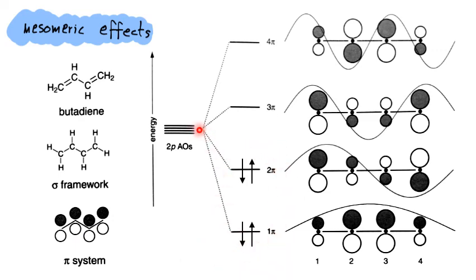The message from this is that only the bonding orbitals are filled, not the anti-bonding, and therefore the whole bonding by this pi system leads to a lowering of the energy of the system, and therefore a stable configuration. This is a stable energy configuration because the pi system has a lower energy than the individual p orbitals.